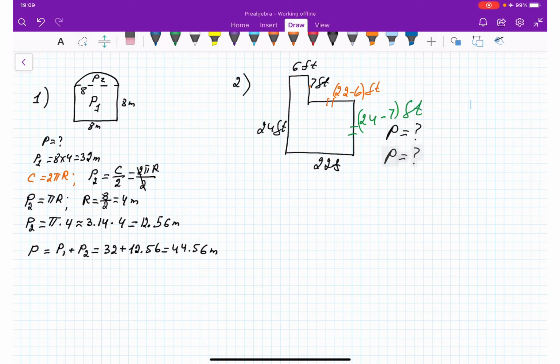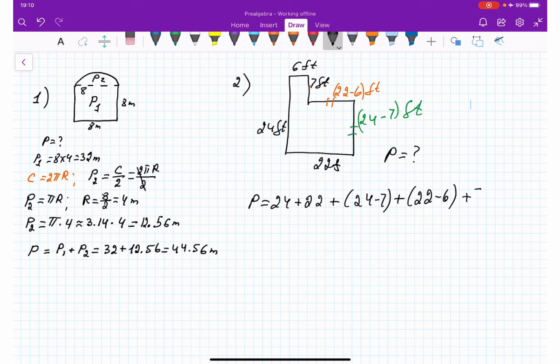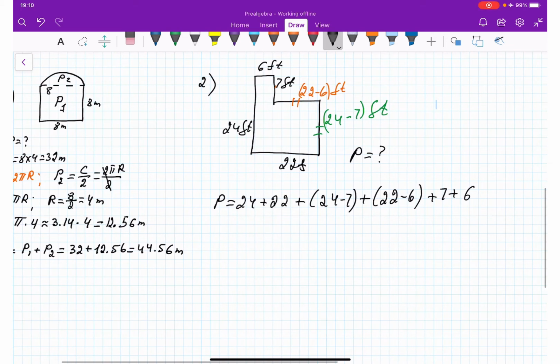So from here, perimeter is equal to 24 plus 22 plus 24 minus 7 plus 22 minus 6 plus 7 plus 6. And this is 24 plus 22, which is 46, plus 24 minus 7 is 17, plus 22 minus 6 is 16, and plus 13, right? 7 plus 6.